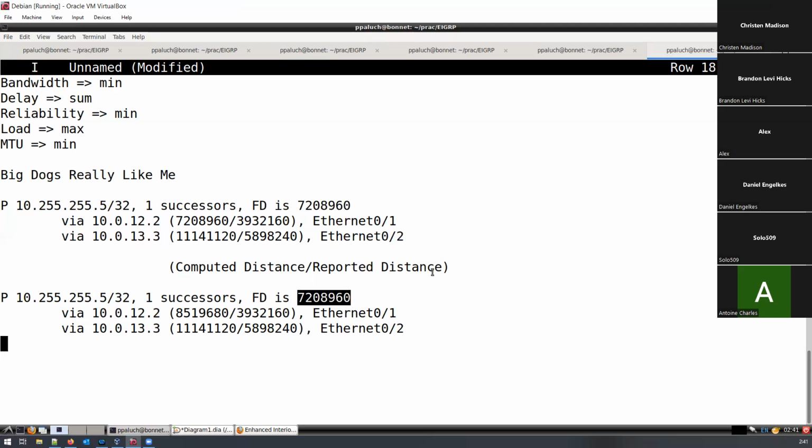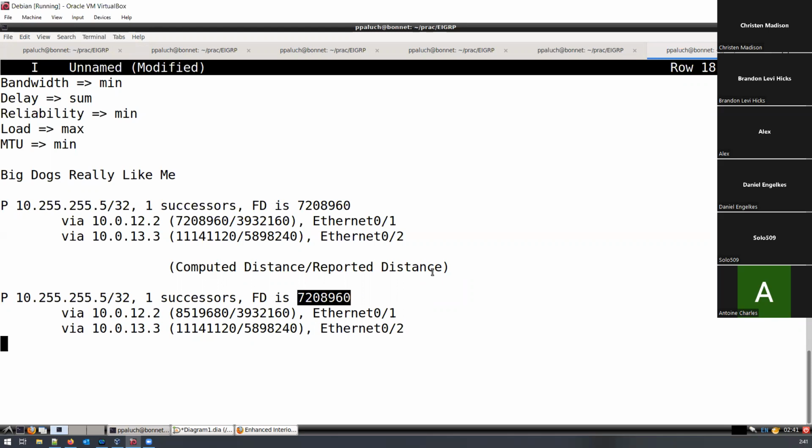Otherwise, the feasible distance can either stay at its current value or go lower. But if we ever need to increase it, we need to go active. So just once again, the feasible distance is a record that tells me how closest I used to be to the destination in the past.